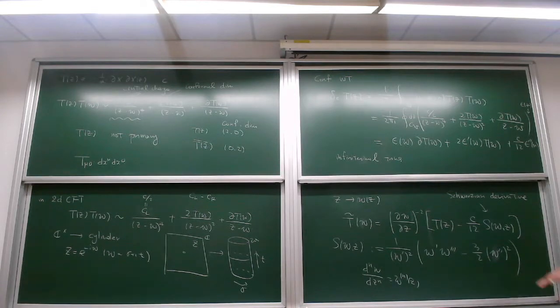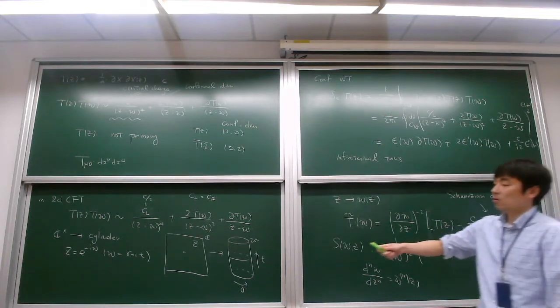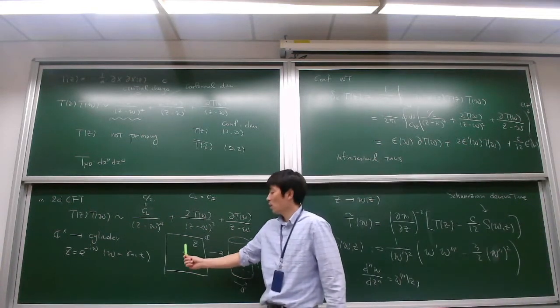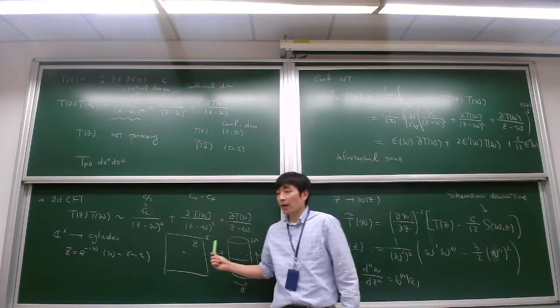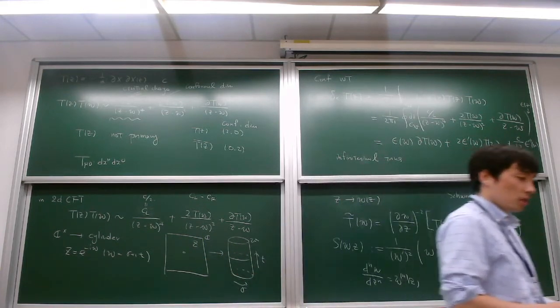So now we know how the stress energy tensor is transformed under the compound transformation. We would like to find out what's going to happen when we transform from the plane to the cylinder. Okay, that's what we want to do.